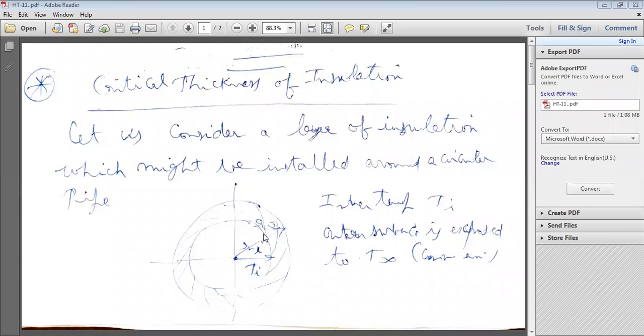Sometimes you have to avoid the heat loss from the surface of the pipe to the environment. Sometimes heat is to be minimized and sometimes maximized, depending upon your requirement.